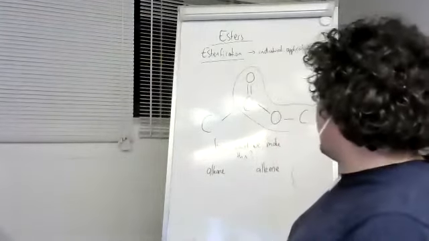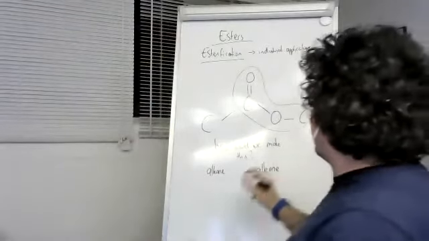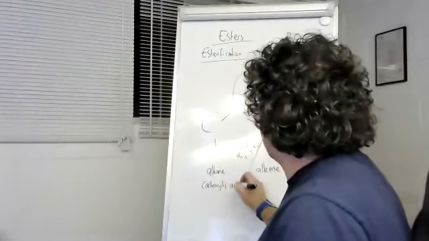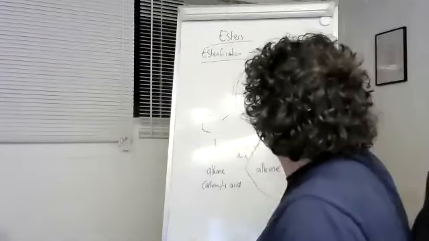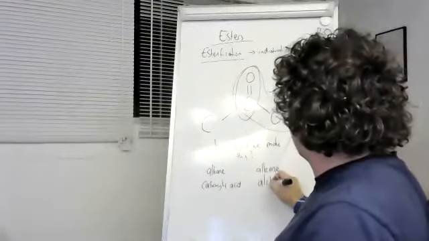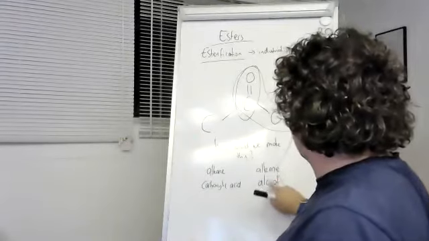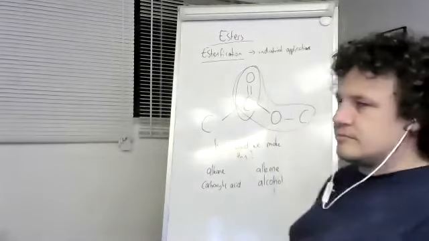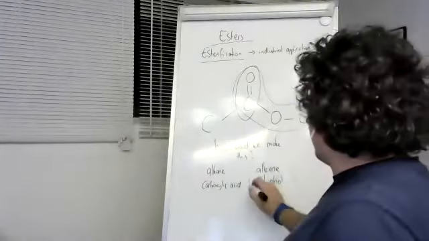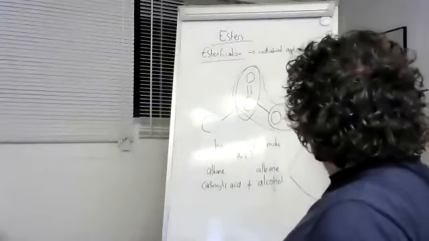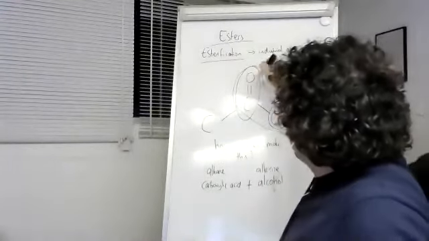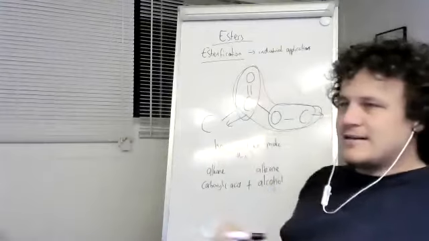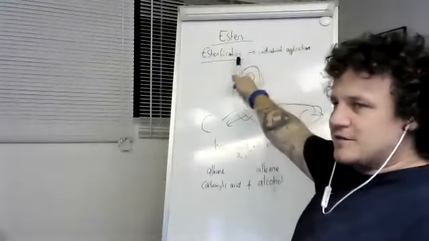And what we need to do is add a carboxylic acid, which is this bit, and an alcohol. So we add a carboxylic acid and an alcohol. The alcohol is this part here, this chain. Carboxylic acid is this, going this way. And creating these esters, we use esterification.